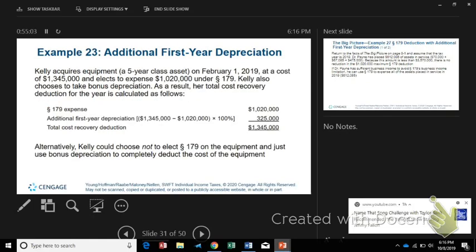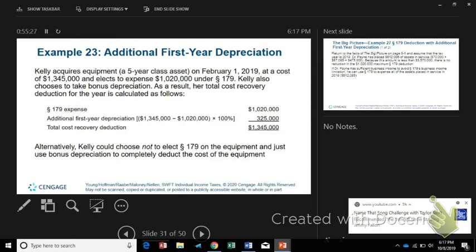So here's another example. Kelly acquired a 5-year asset on February 1st at a cost of $1.3 million and elects to expense it under section 179. So keep in mind when you start doing your homework and different things, it's just going to say section 179, right? It's not going to keep telling you it's $1,020,000. So elects to do it under section 179. Kelly also elects to take the bonus depreciation.